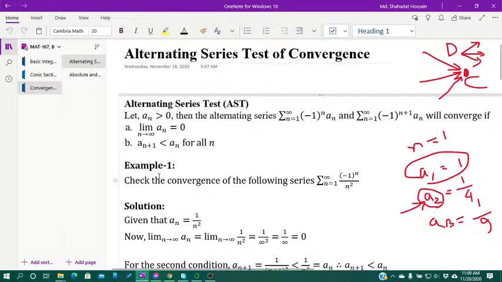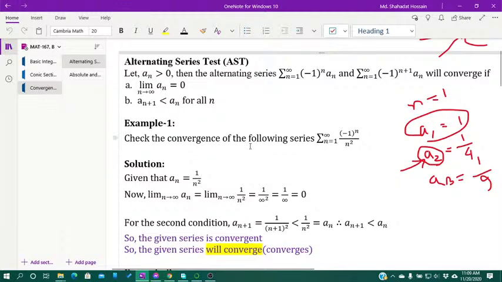For example, check the convergence of the following series: summation n equals 1 up to infinity of (-1)^n by n squared. Now if I compare this series with the definition, we can write a_n equals 1 by n squared.